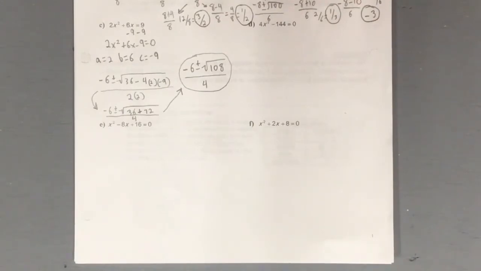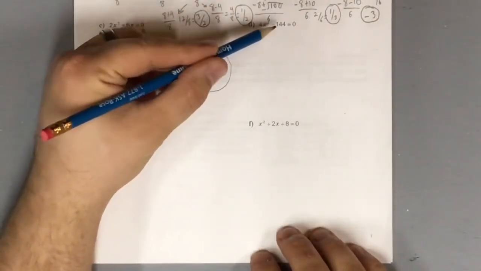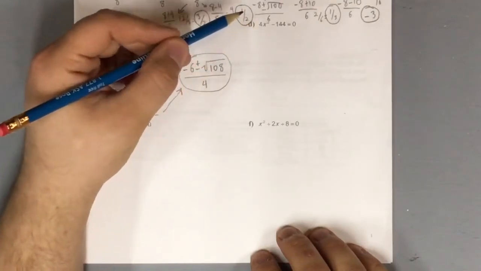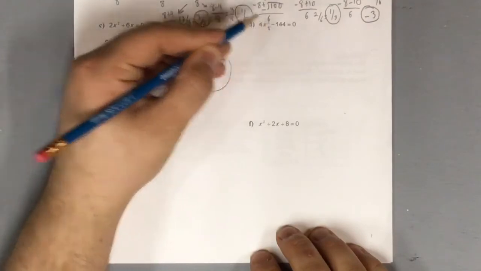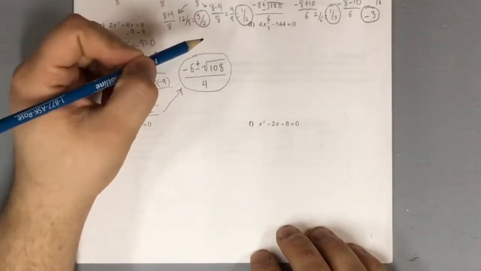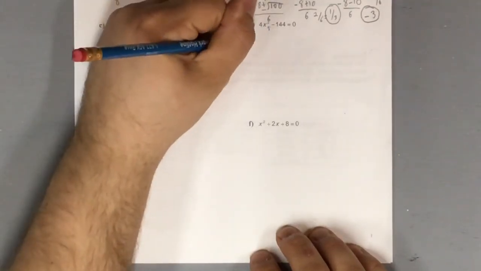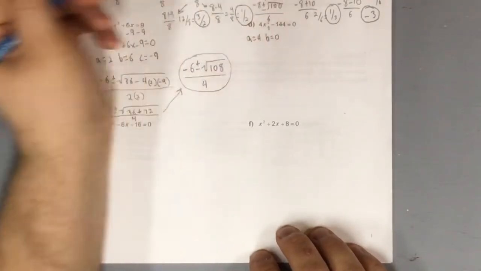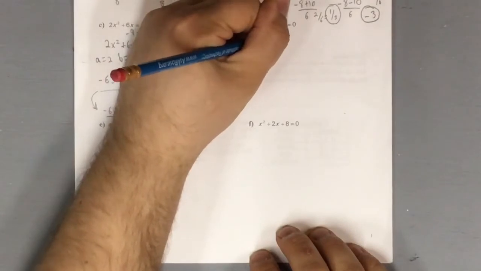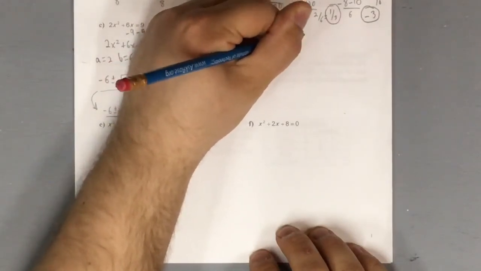This first problem is in our standard form where it's ax squared plus bx plus c equals 0. The only thing is if you notice, there's no b here. When we use the quadratic formula for this, we know that a is equal to 4, b is equal to 0 because it doesn't exist, and c is equal to negative 144.